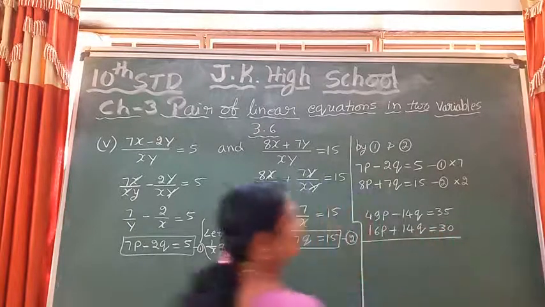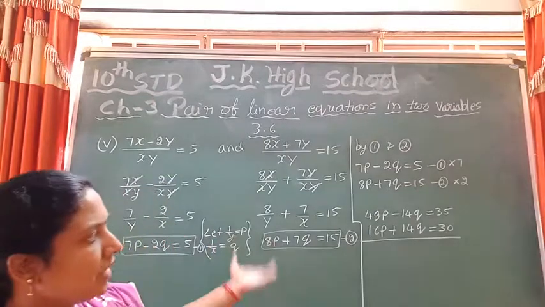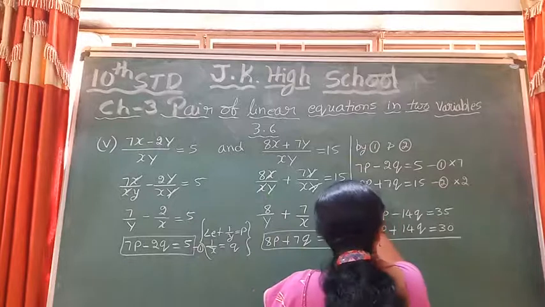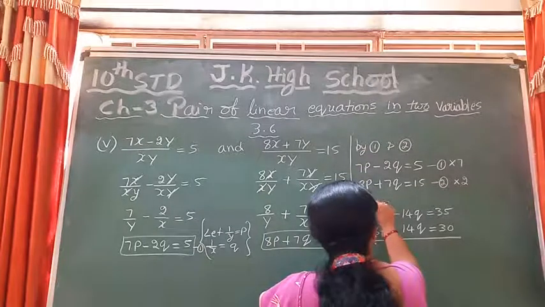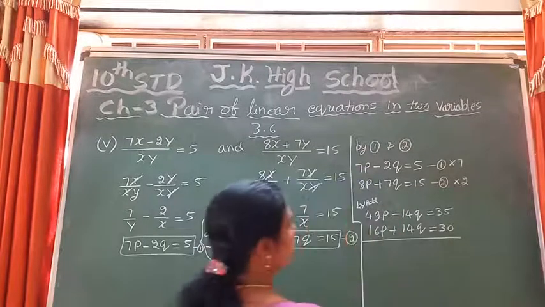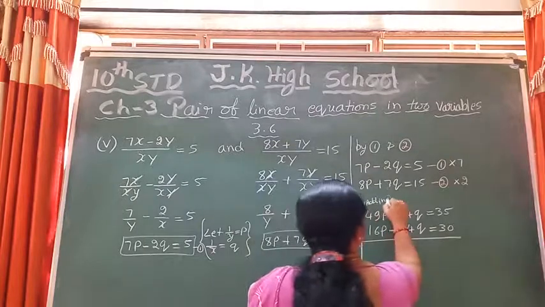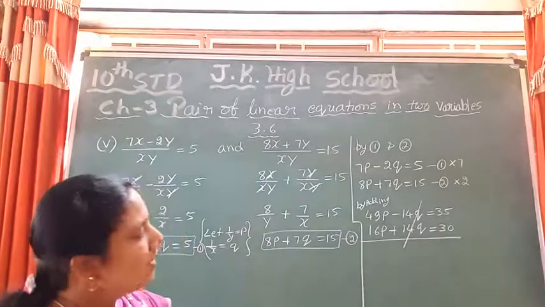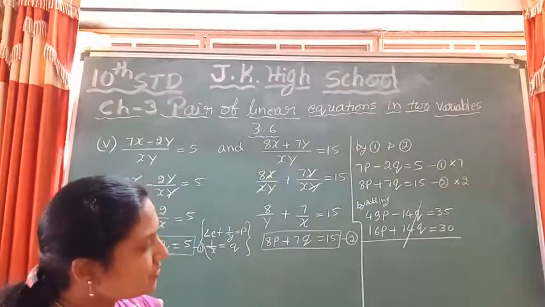Now by adding 1 and 2, this elimination method, I am going to eliminate because by adding, minus 14q and plus 14q are going to cancel.